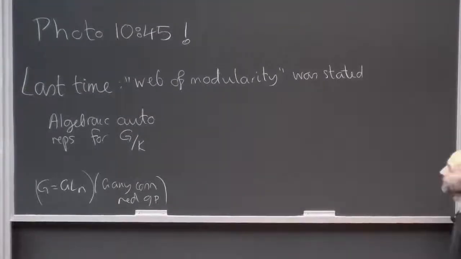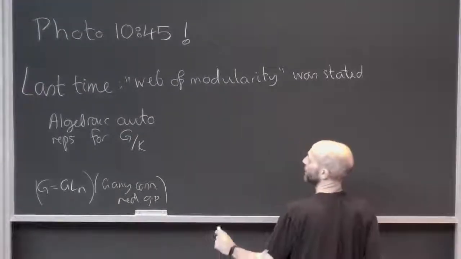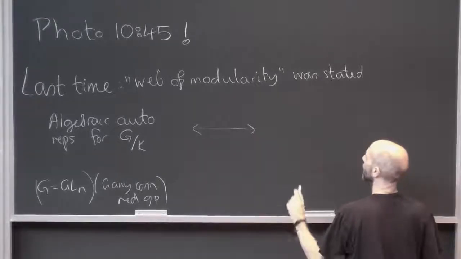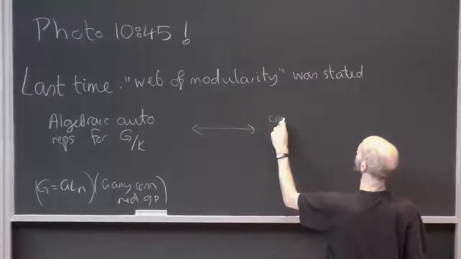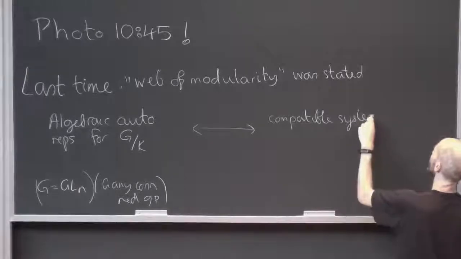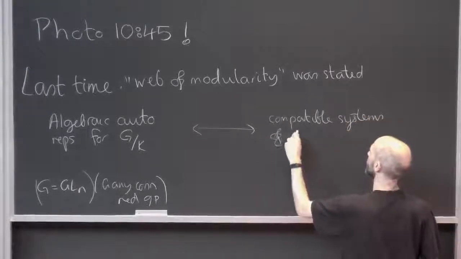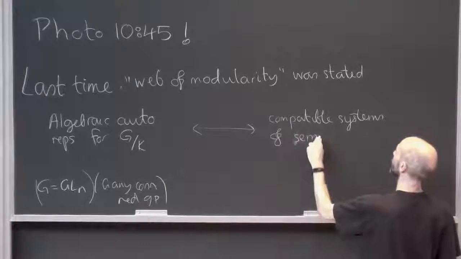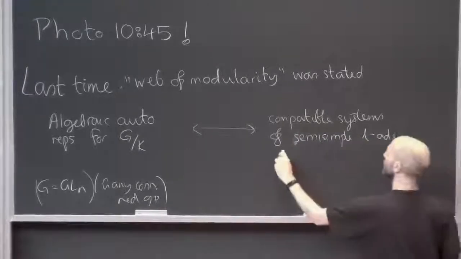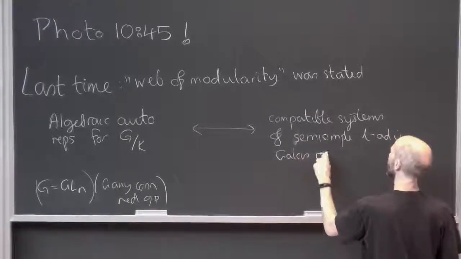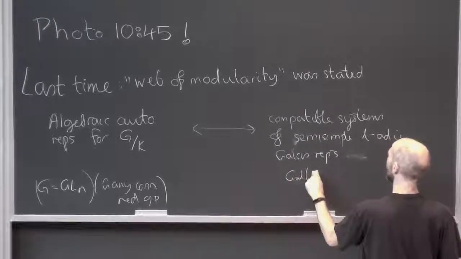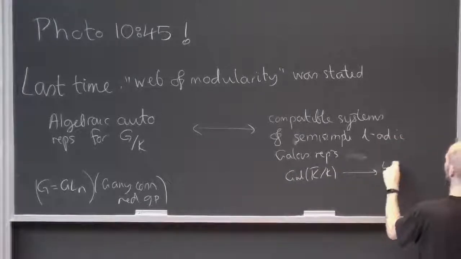So algebraic automorphic representations for G over K should correspond to compatible systems of semi-simple L-adic Galois representations, Gal K bar over K into some kind of L group.